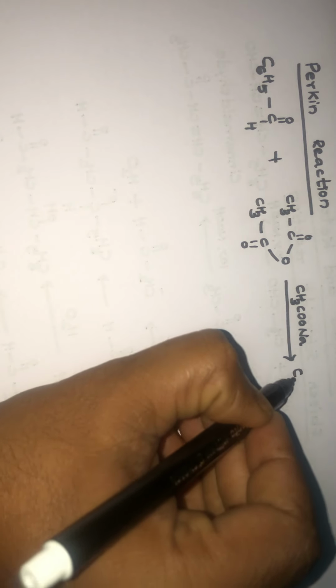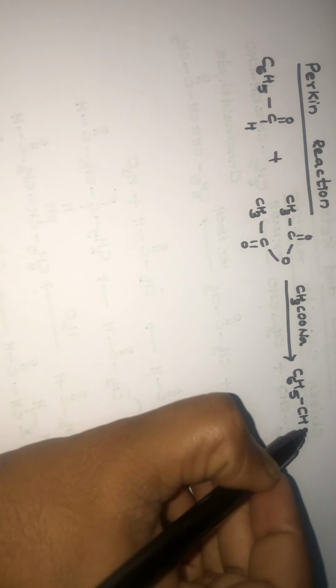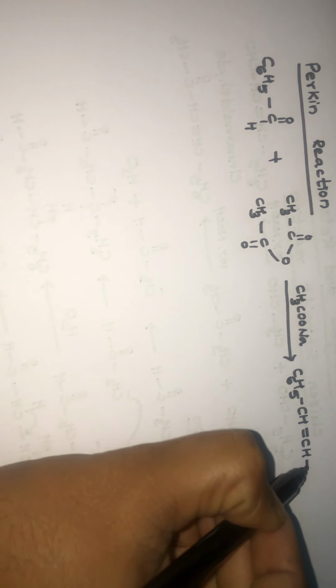Condensation takes place, resulting in the formation of alpha beta unsaturated carboxylic acids. Let us go for the mechanism also. Generally it is a weak base, but it abstracts a proton from here and this attacks this. So it results in the formation of C6H5 CH double bond CH C double bond O OH.